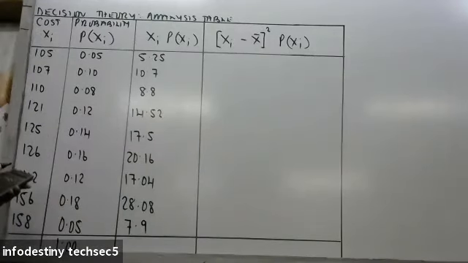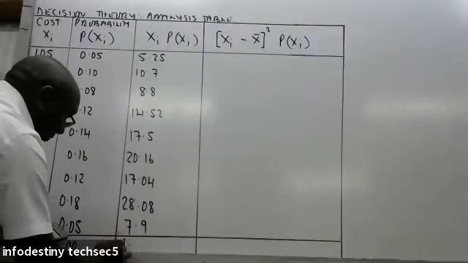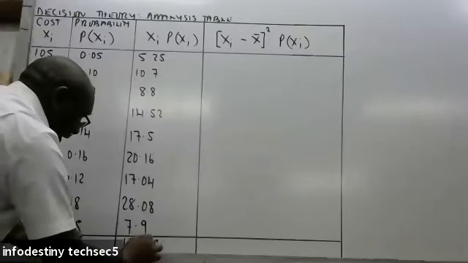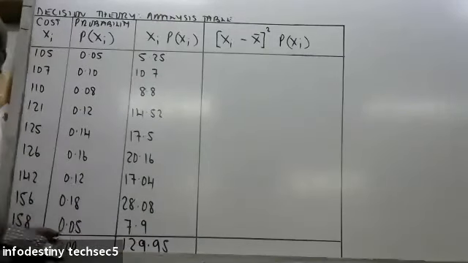So I add 28.08 plus 17.04 plus 20.16 plus 17.5 plus 14.52 plus 8.8 plus 10.7 plus 5.25. I am getting 129.95.